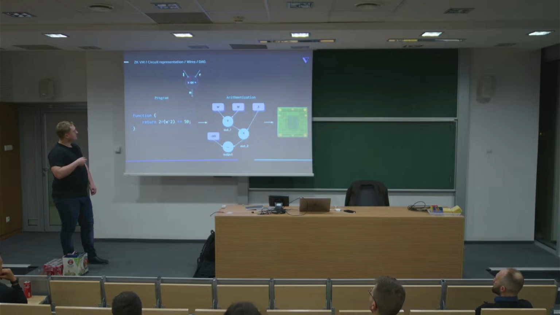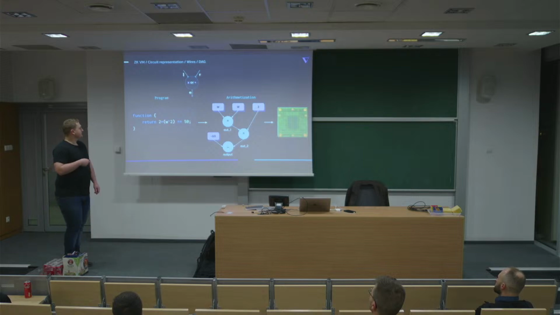It always has the left element, the right element, and the output element. We call them wires: left, right, and output wire. And in this gate, we have the operation, which is addition or multiplication. And there is a mathematical statement that says that each program can be represented as a tree, as a DAG of those gates. But we'll see later how they can actually be represented.